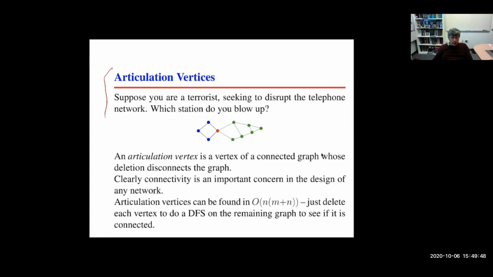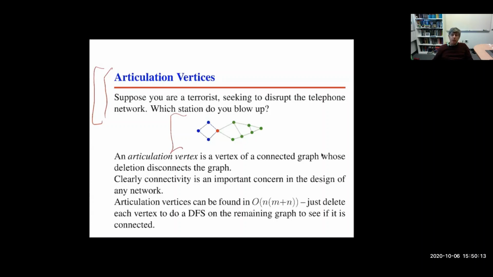So, okay, articulation vertices have to do with finding the weak spot in a network, okay? Now, suppose you are a terrorist and you want to attack this graph, this phone network. What is the right vertex to try to blow up if you want to attack or disconnect that network?